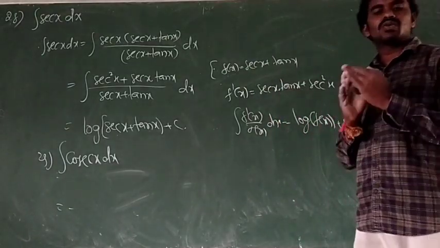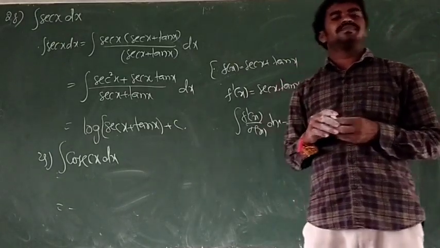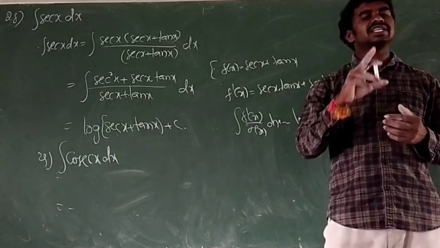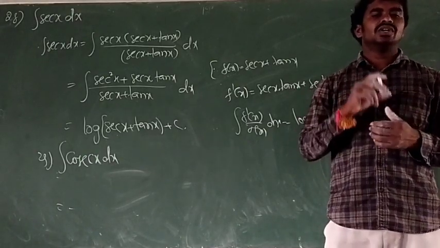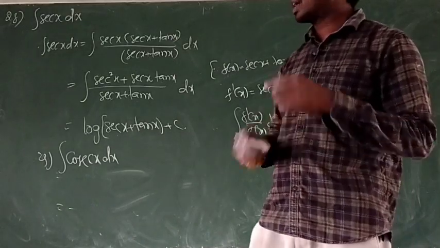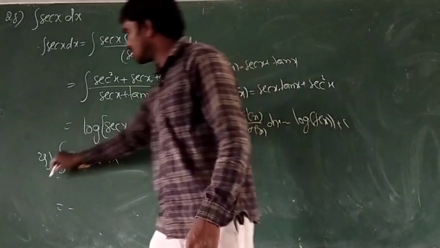So multiply and divide with cosecant x minus cot x and do it. The answer is log of cosecant x minus cot x. Okay? You do this 29th problem.